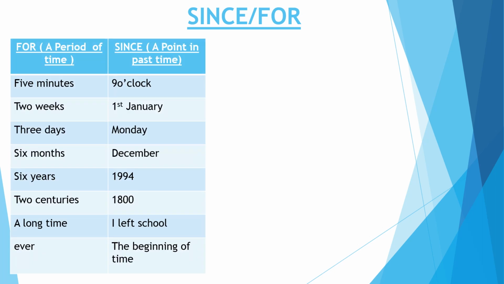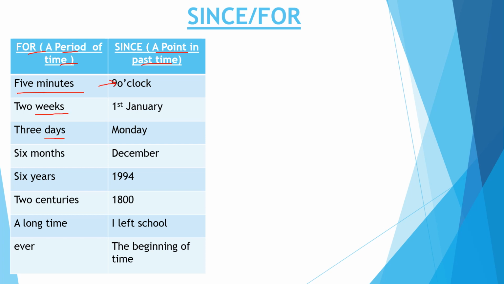Before going to the next tense, I want to tell you about the use of since and for. We use for with a period of time, and we use since to talk about a point in past time. When we talk about a period, like 5 minutes, 2 weeks, 3 days, we use for.